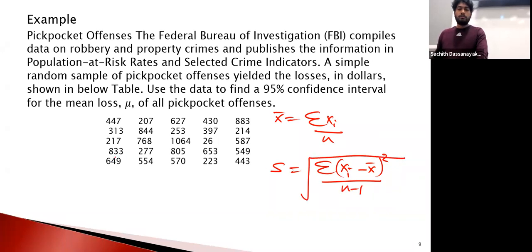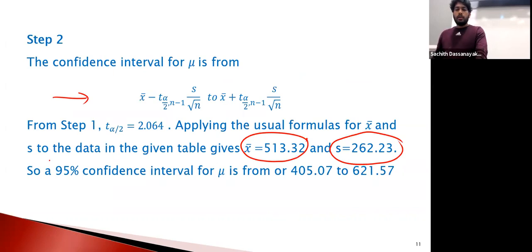Simply plug in the values. Done. This is your answer. Simplification I'm not going to do here, but please do it. You have to replace your X bar here. This piece right here is 2.064. S from here, n is 25.